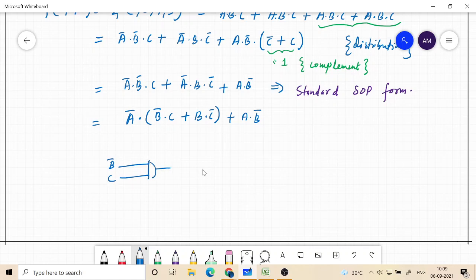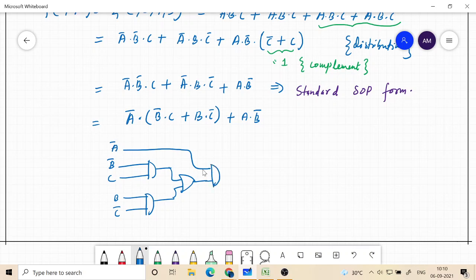So you create an AND gate, and then I have b also available, c bar is also available. You use another AND gate, and then the result of that AND gate I give to OR gate, and then I have another term which is a bar.